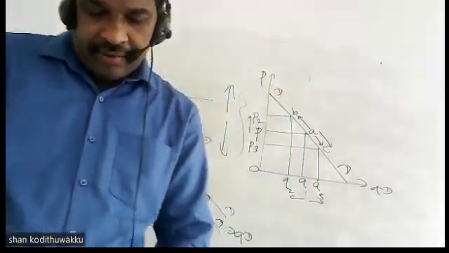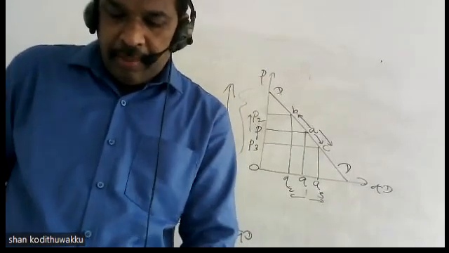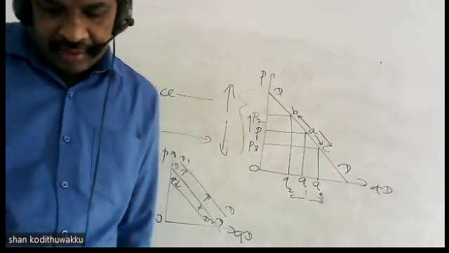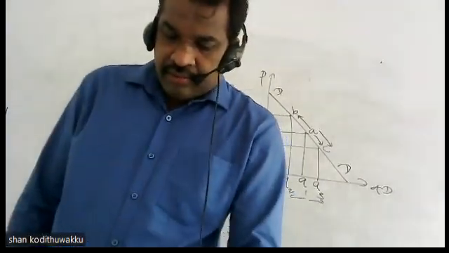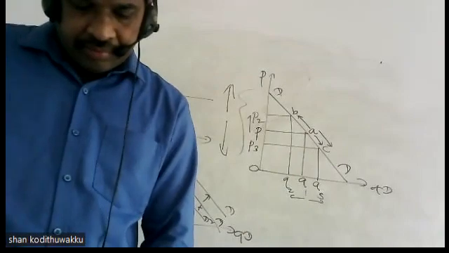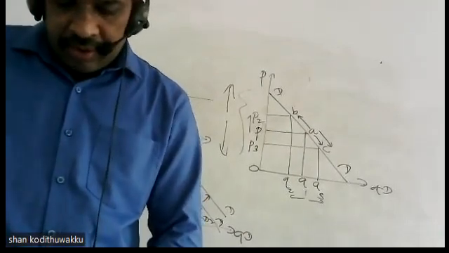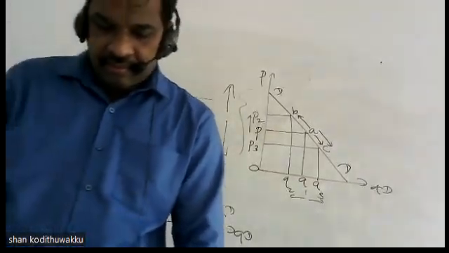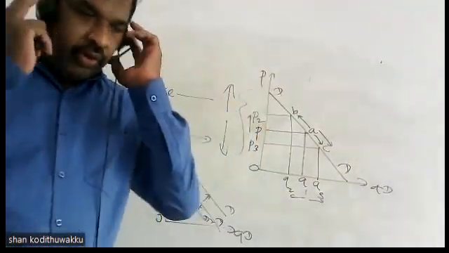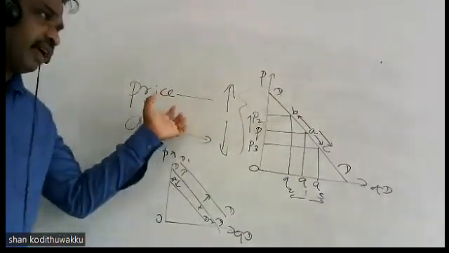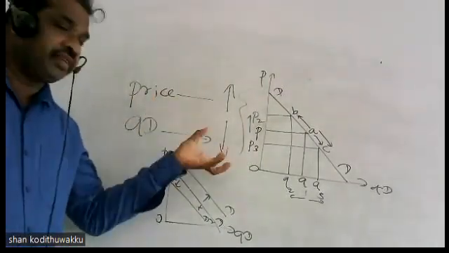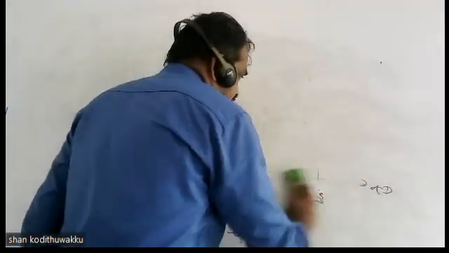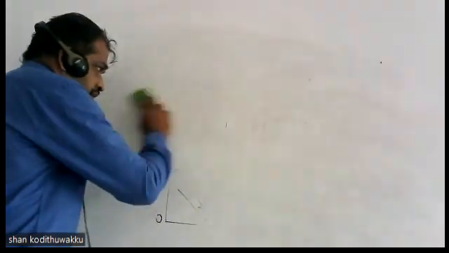Next, part 3: explain why the quantity demanded of a good decreases as its price increases. Actually, even in this answer, I explained the reason, but we should explain the reason behind that.